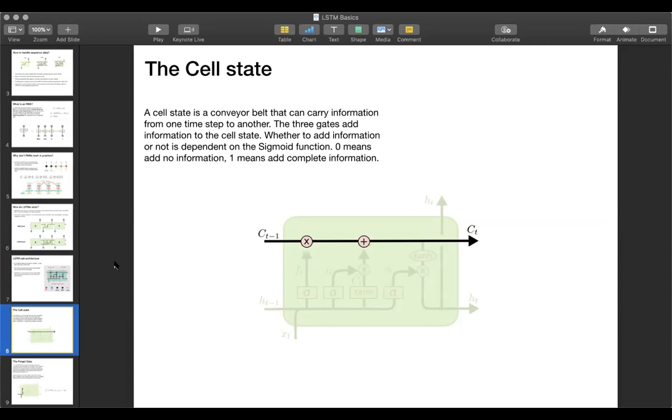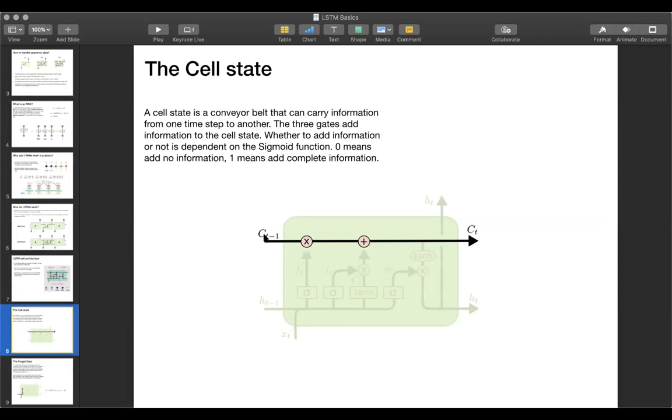This is your cell state. The purpose of a cell state is to carry information from one time step to another. It is compared to a conveyor belt that carries information about what to remember and what not to remember.